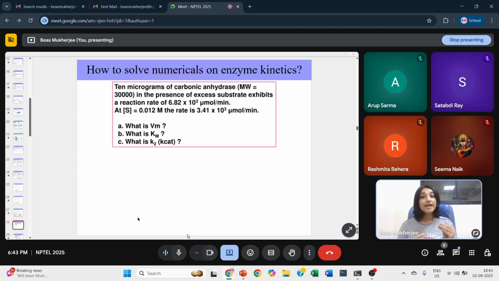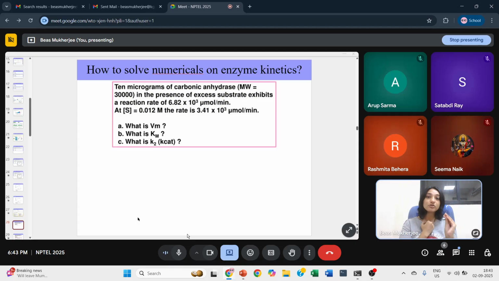Okay, so 10 microgram of carbonic anhydrase, and the molecular weight is given to you, in the presence of excess substrate exhibits a reaction rate of this micromole per minute. So at substrate concentration, this molar, the rate is this particular micromoles per minute.